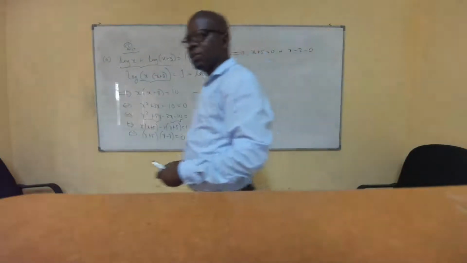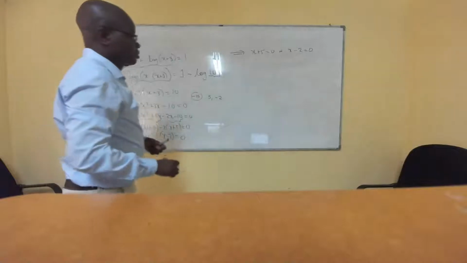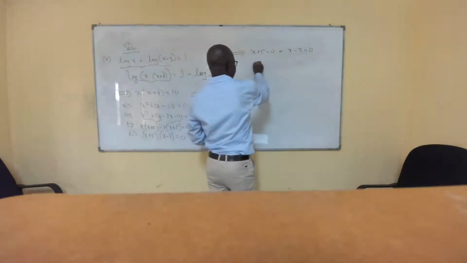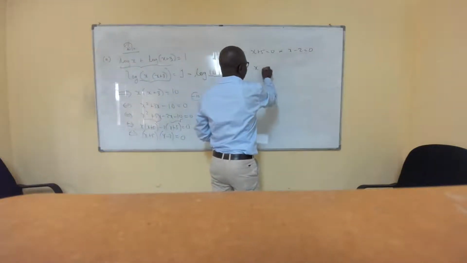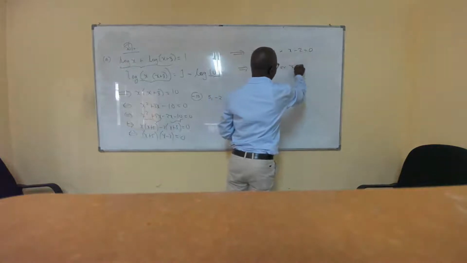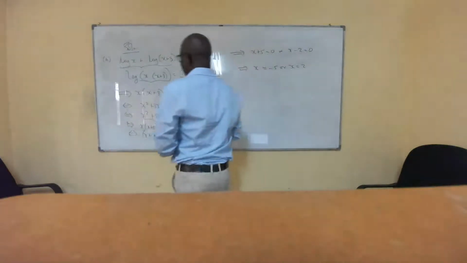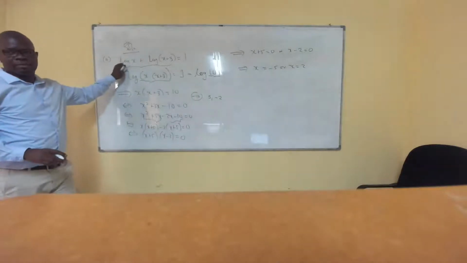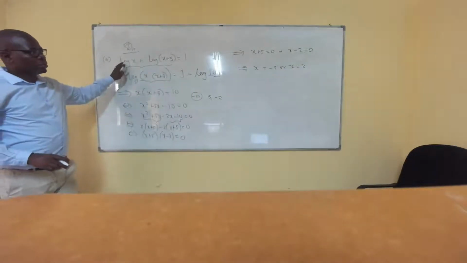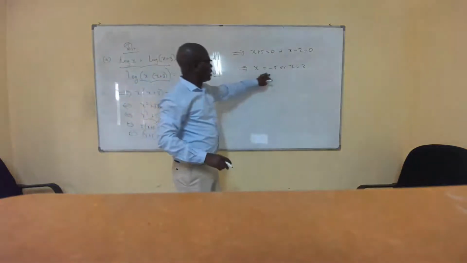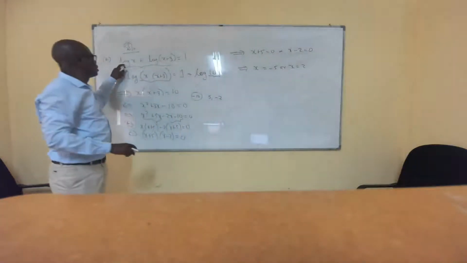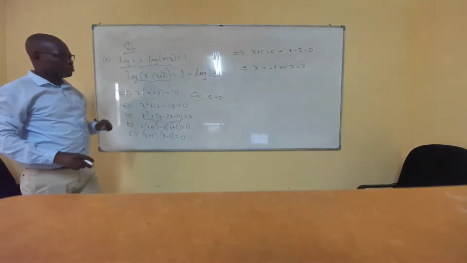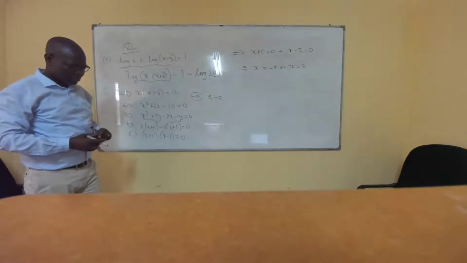We know 0 times 0 is still 0. So solving them separately, we have either x is minus 5 or x equal to 2. But of course, we need to check in the original equation. So you see that when x is equal to minus 5, we are going to have log to base 10 of negative 5.